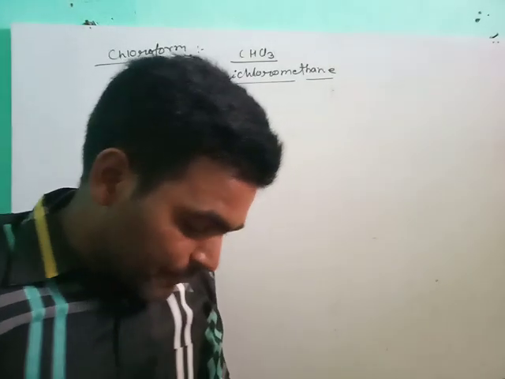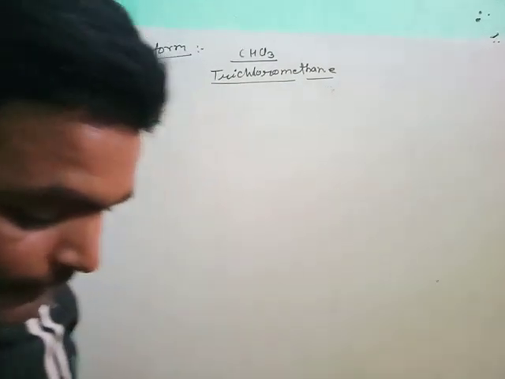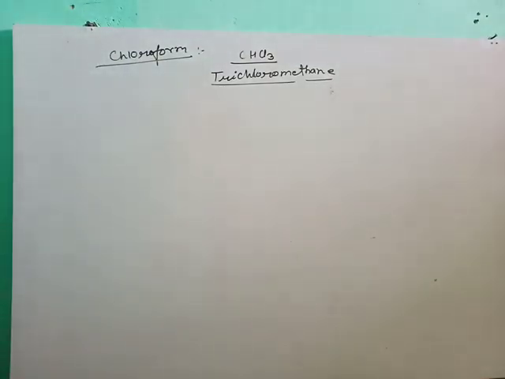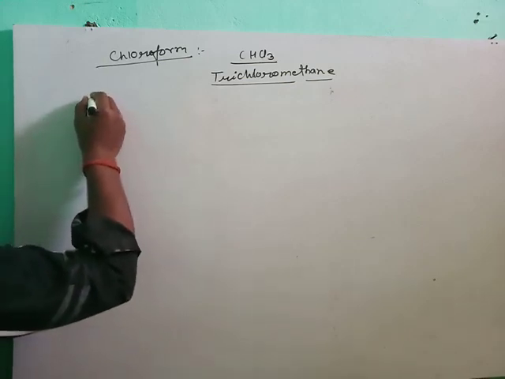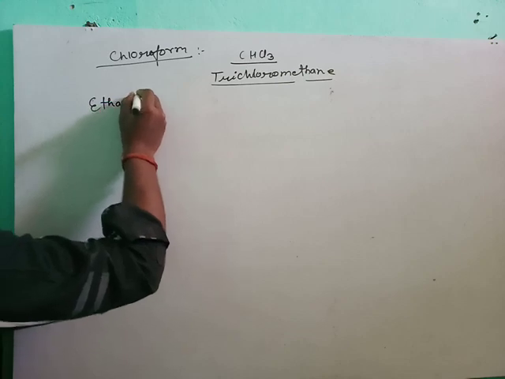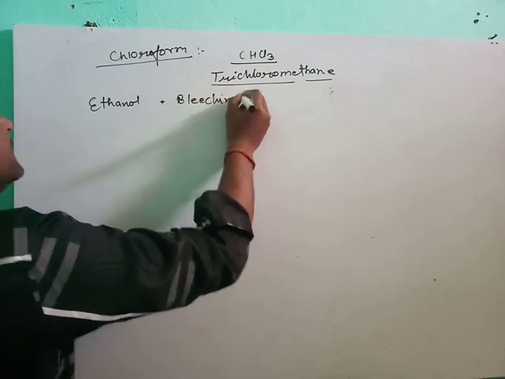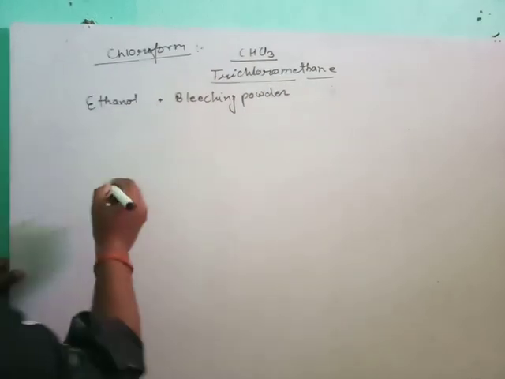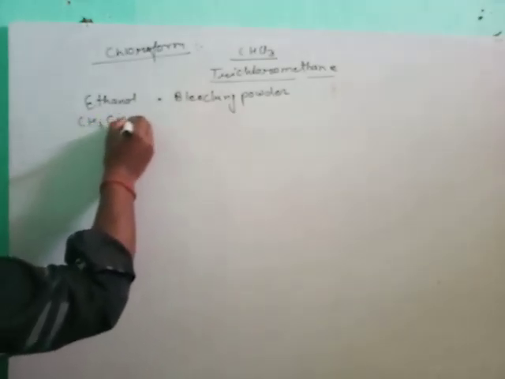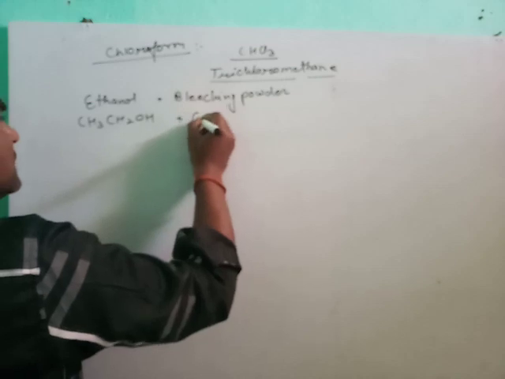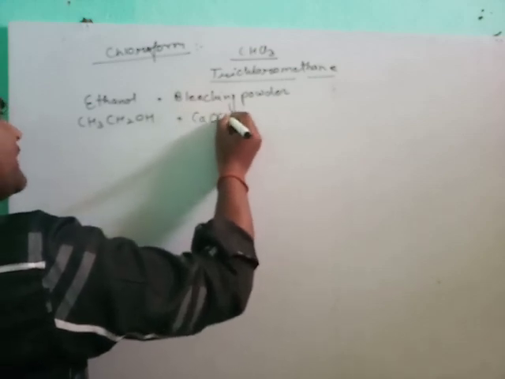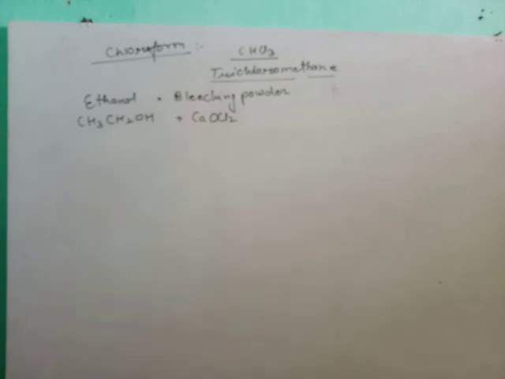We know bleaching powder, CaOCl2, and ethanol, CH3CH2OH.